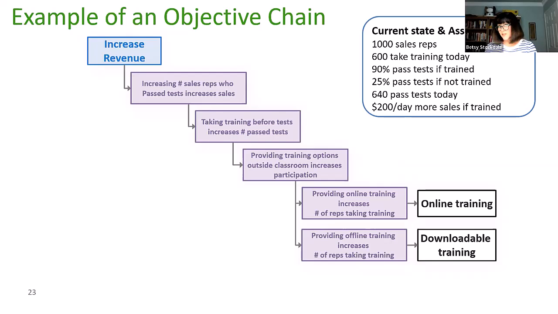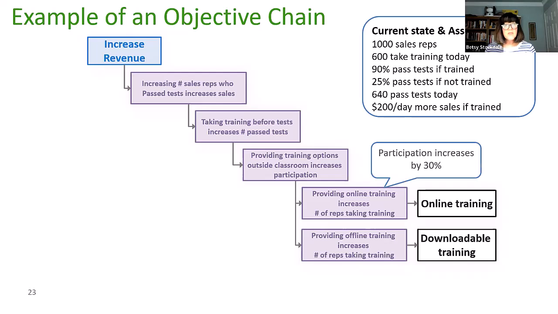Now, we've also done some research and analysis, and we have found that if our salesperson has been trained, they can actually sell about $200 more per day than somebody who hasn't been trained. So taking this information, we can start to back into our formulas here.